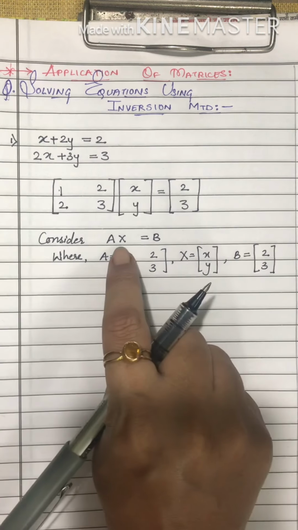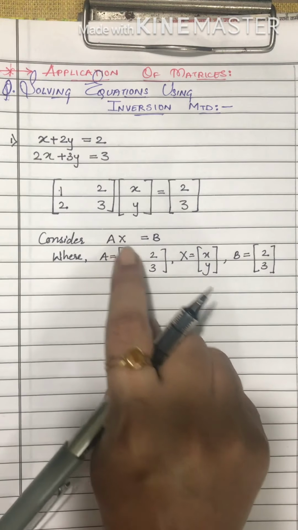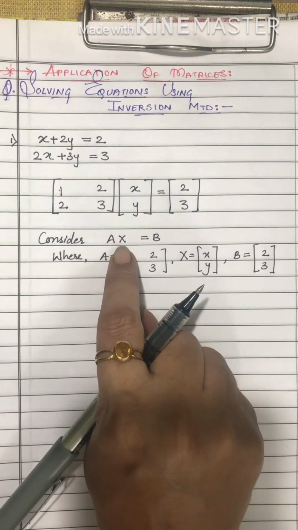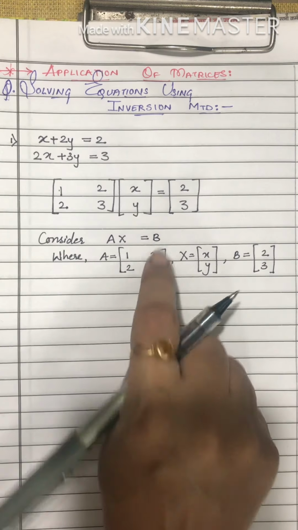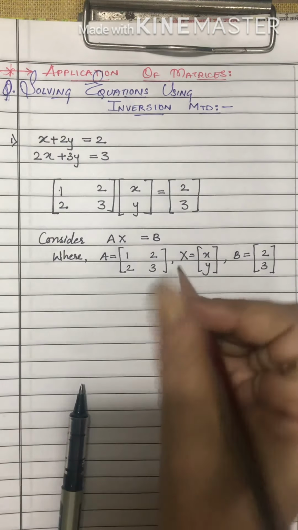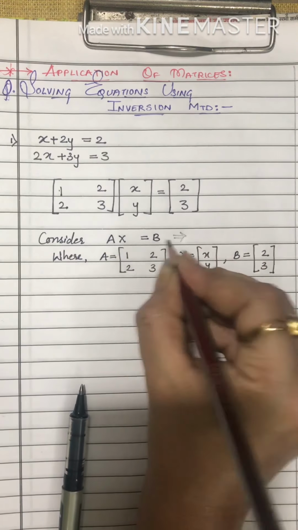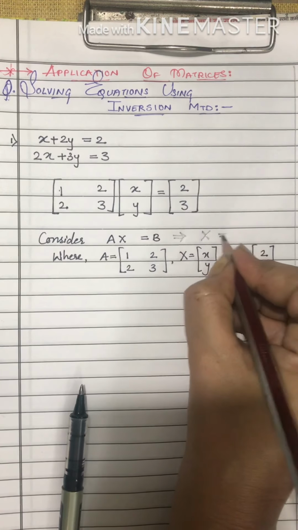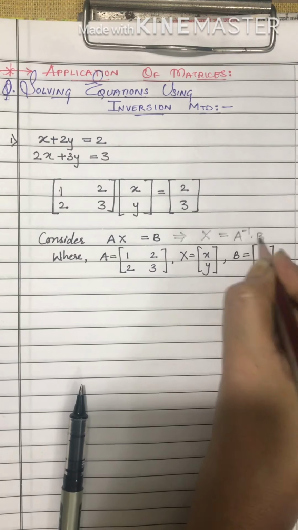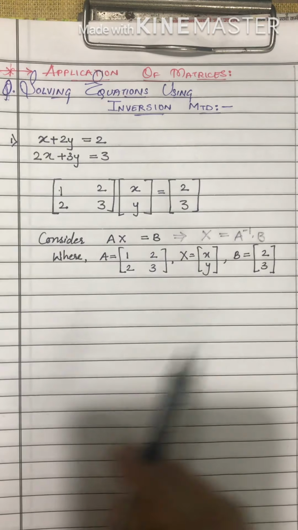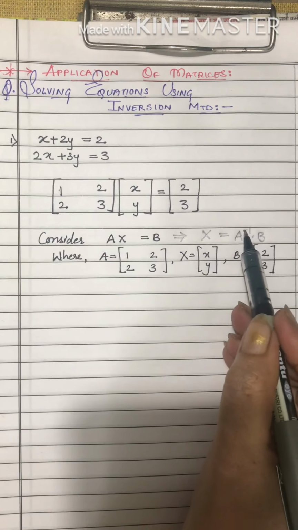We will be solving the sum further so that we get the value of X here. If I take this A to the RHS, we will get the value of X, and when A goes to the RHS, it will be A inverse into B, right? So this is understood that we need to find out A inverse first of all.